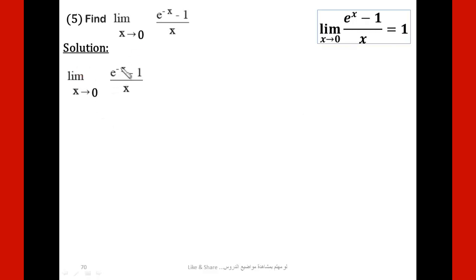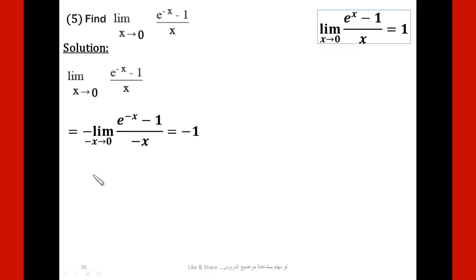Limit e power negative x minus 1 over x when x tends to 0, it is the original limit, we write it, equals negative, we're multiplying the limit by negative and the denominator by negative. Of course, when x tends to 0, then negative x also tends to 0. So we multiply the limit by -1 and the denominator by -1.